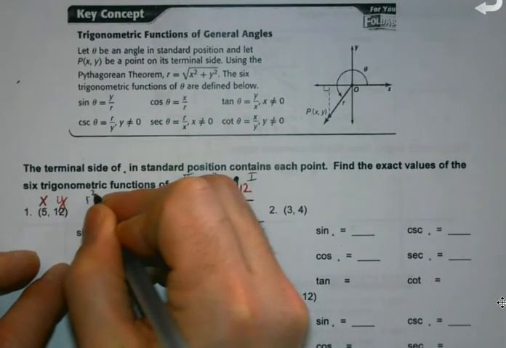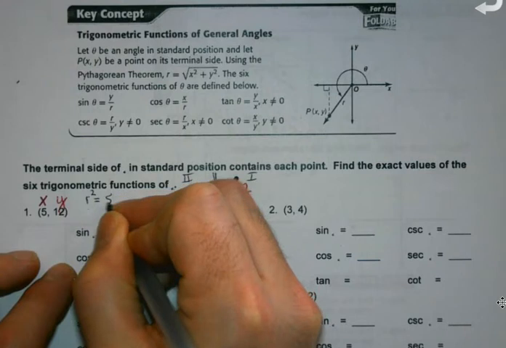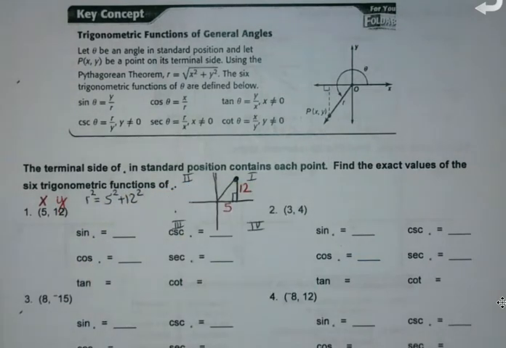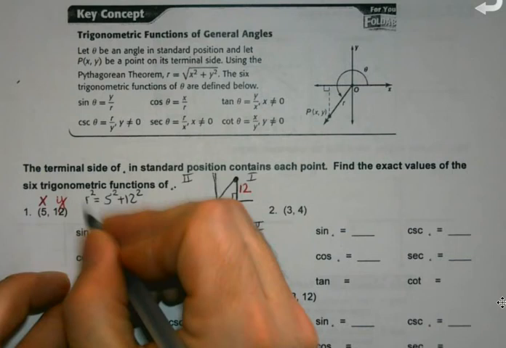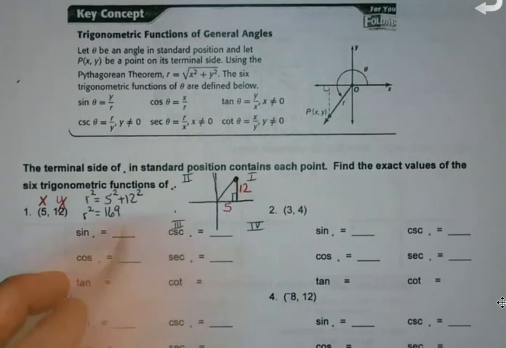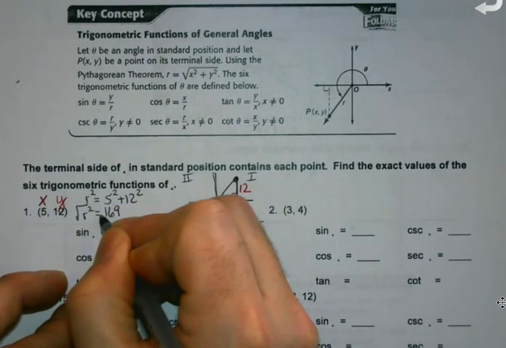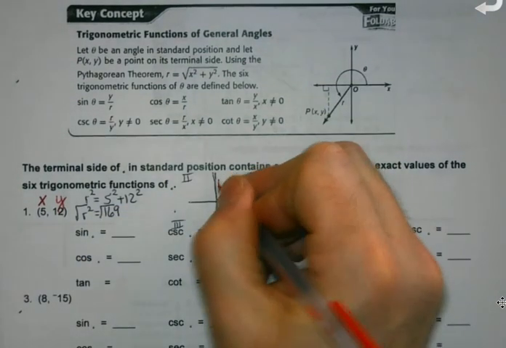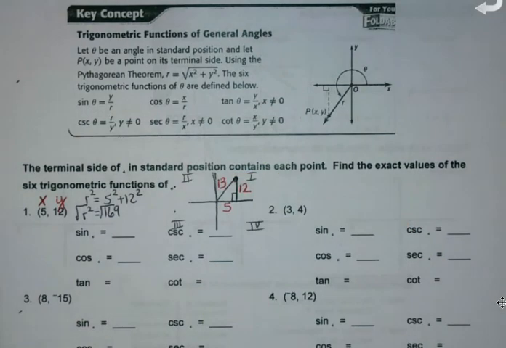So r squared is going to be 5 squared plus 12 squared. Yep. So if I add 5 squared and 12 squared, I get 169. Take the square root, and my r value, or my hypotenuse, is 13.